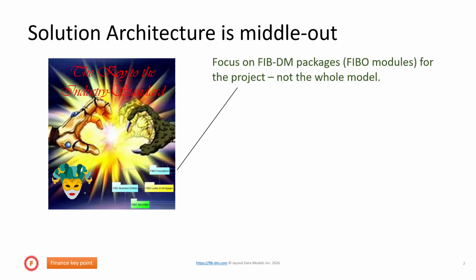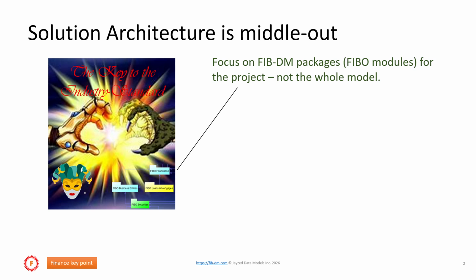If you remember the class Semantics for Project Architects, solution architecture is middle out. Now, instead of the enterprise approach, top-down rationalizing the whole model, we focus on FIB-DM packages, the FIBO modules for the project, not the whole thing.